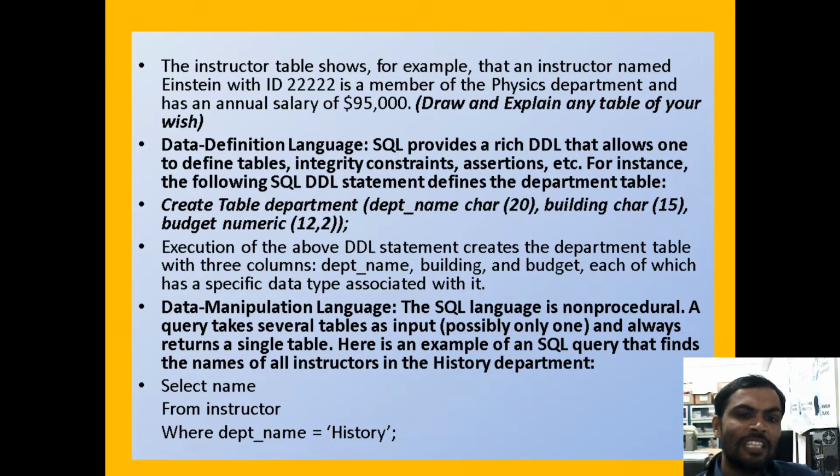Constraints are similar to rules and regulations for the particular domain of the column. For example, take the student roll number. Under the roll number field, we should insert only numeric values.